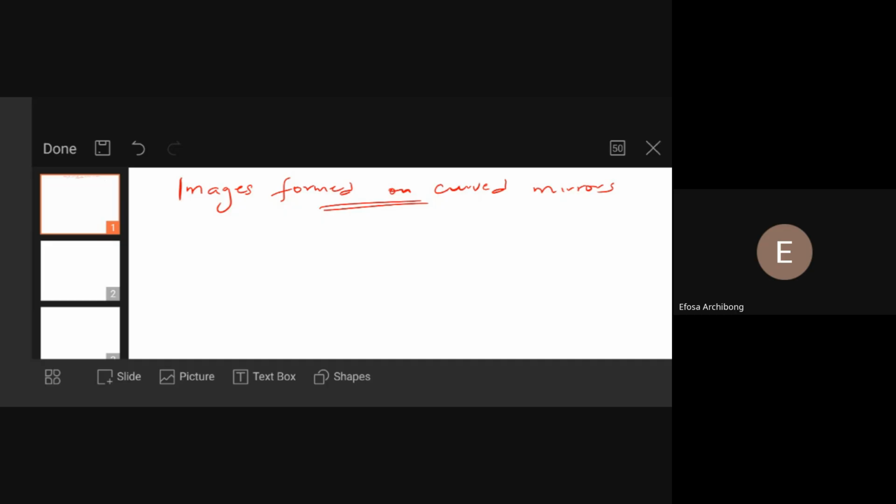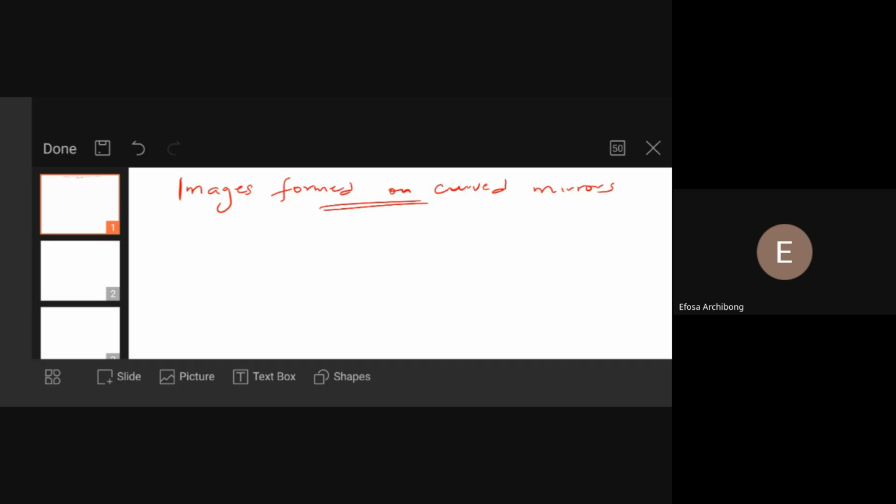All right. So where we have little bits of issue, which of course shouldn't be an issue, is the concave mirror. We really took time to explain the position of every image based on the object location.